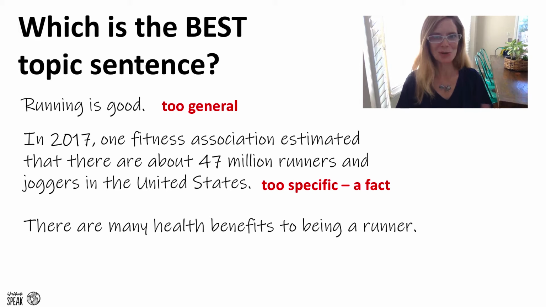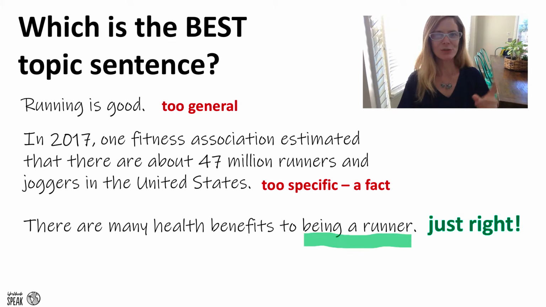Now, I bet you know where we're going with the next one. There are many health benefits to being a runner. This is just right. So, what do you think our topic is? If you said being a runner, you're correct. That is the topic. Now, what about the controlling idea?